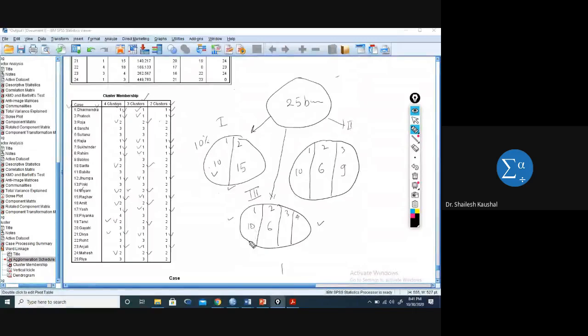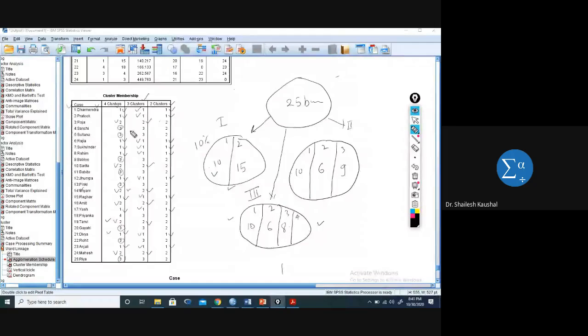So they are above the 10%. And in the third cluster, how many people? 1, 2, 3, 4, 5, 6, 7, and 8.